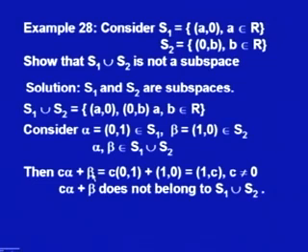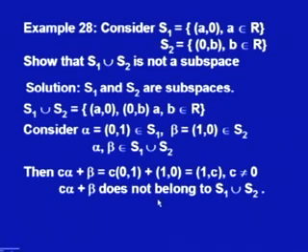C alpha plus beta is C times 0 comma 1 plus 1 comma 0, which is equal to 1 comma C, where C is not 0. For C equal to 0, things will be okay, but for C non-zero, this property may not be satisfied. So, if C is not 0, then 1 comma C does not belong to S1 union S2. So, S1 union S2 is not a subspace.